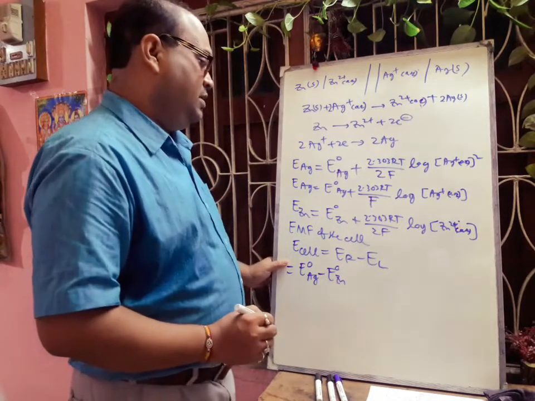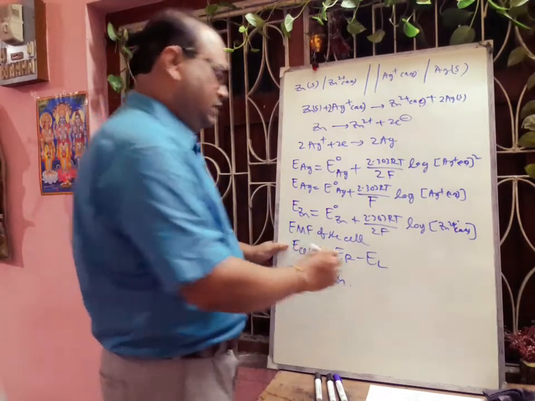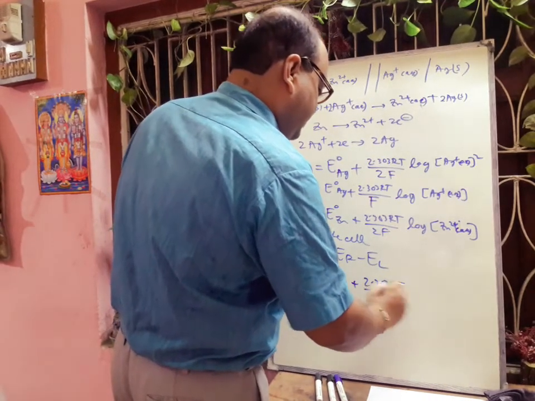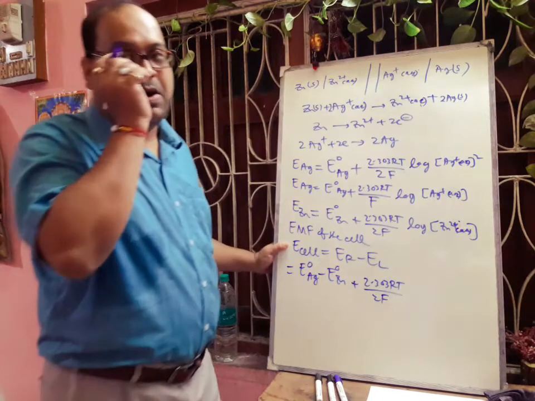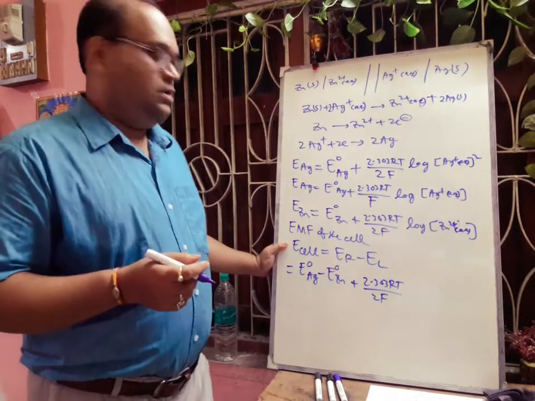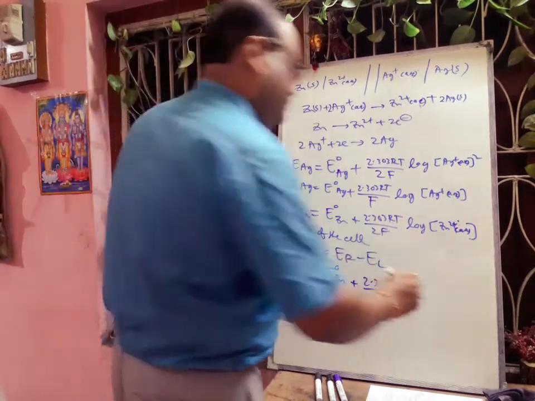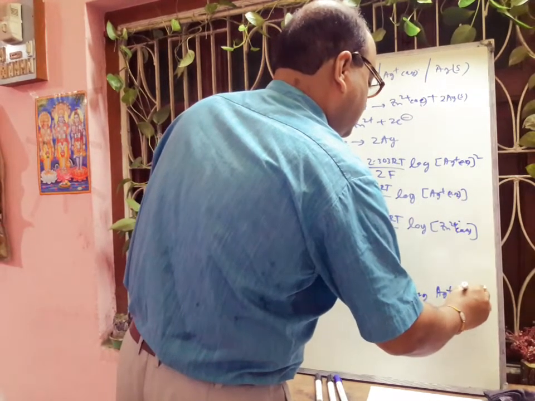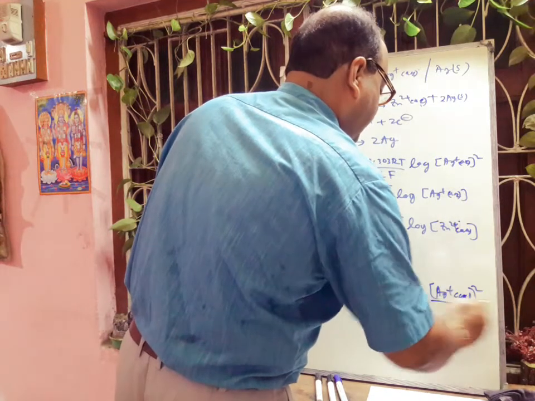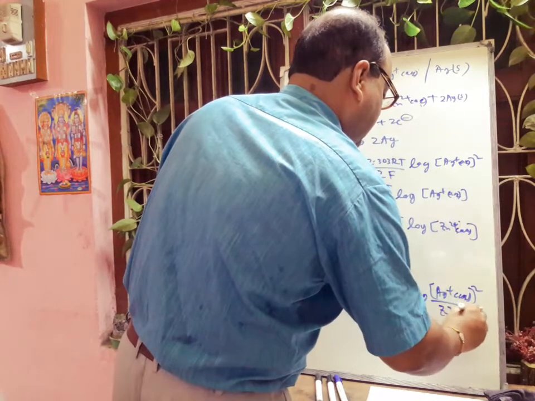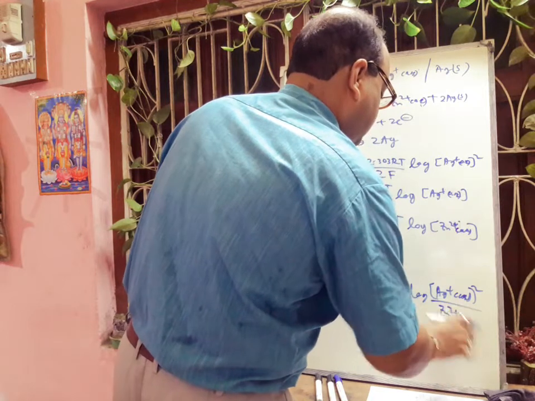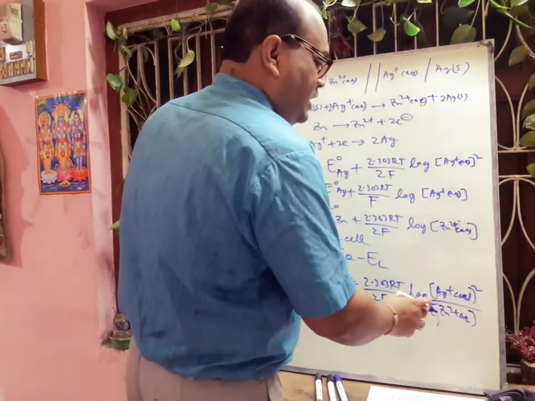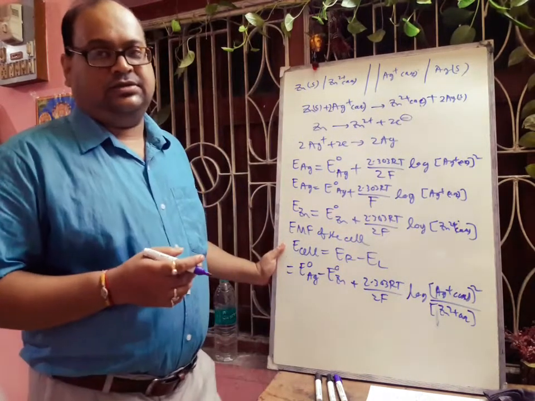Plus, taking this part common, 2.303 RT by twice F, then it will come log of concentration of Ag+ aqueous whole square divided by Zn2+ aqueous.